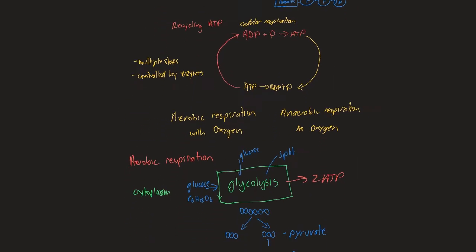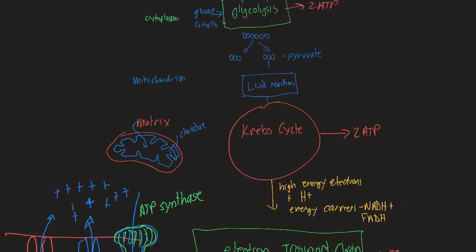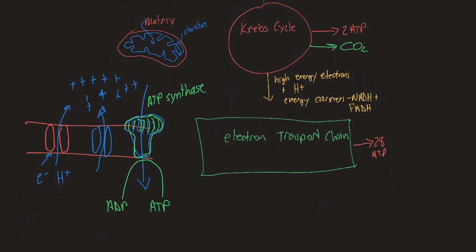So let's have a look at that now. One of the outputs of the Krebs cycle is carbon dioxide. So that's where that comes out. But it's the oxygen that we need here in the electron transport chain.